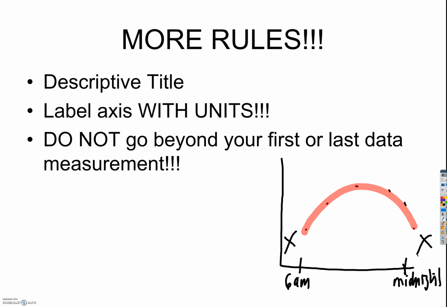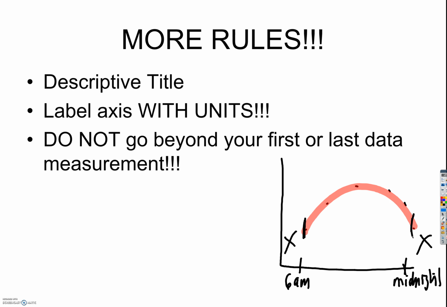Anytime you continue a line, it means you have data on the other side of it to support it. So you're not allowed to start prior to or extend beyond your last data point. So that's another place where they would not give you credit for the proper line graph if you put your data past the points they gave you.